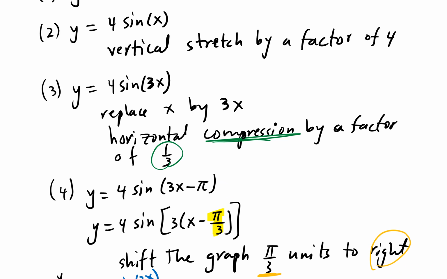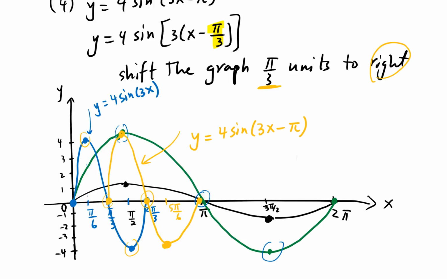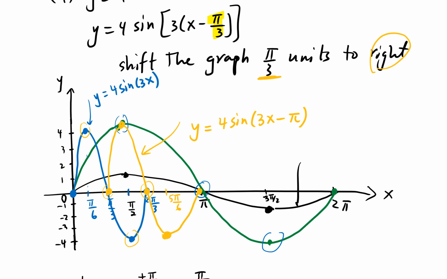So let's do it on the graph, which I already did, but I'll just explain the difference between them. The first curve we started with is the black one. This is y equals sine x: 0, 0, pi over 2, 1, pi 0, 3 pi over 2, -1, and 2 pi 0.